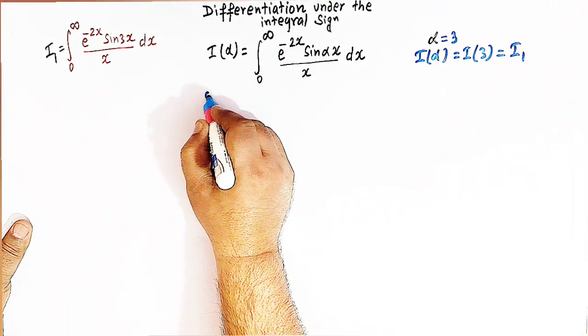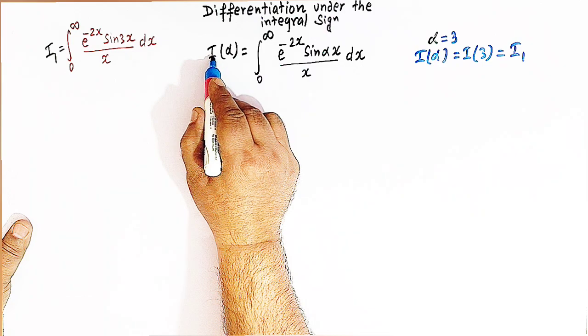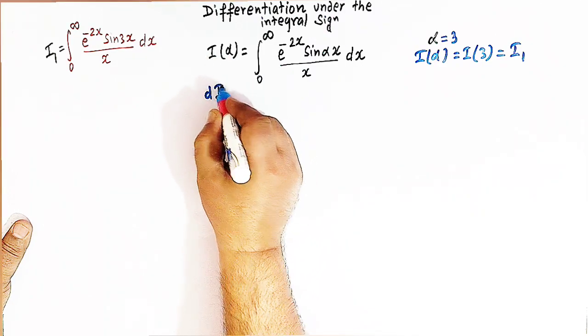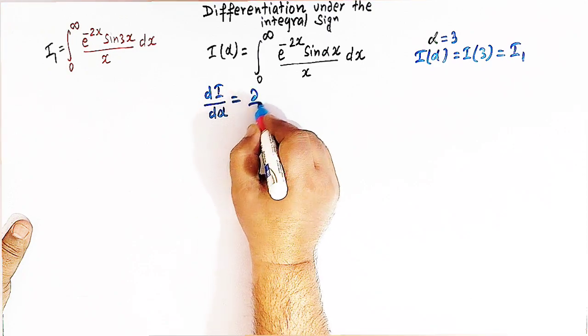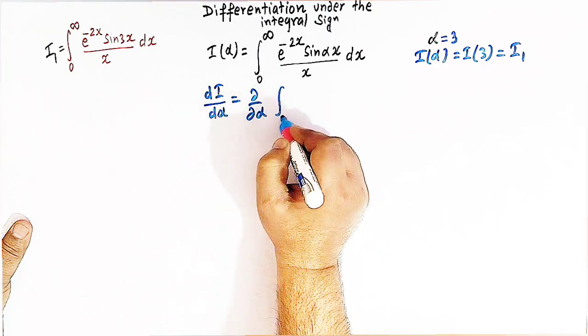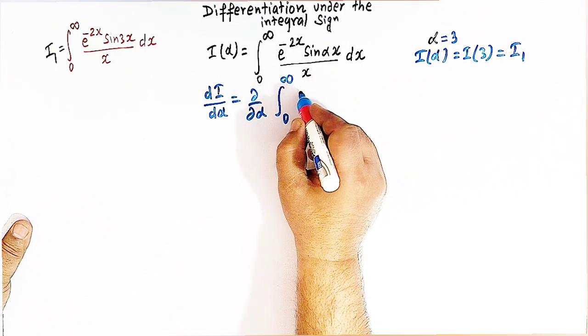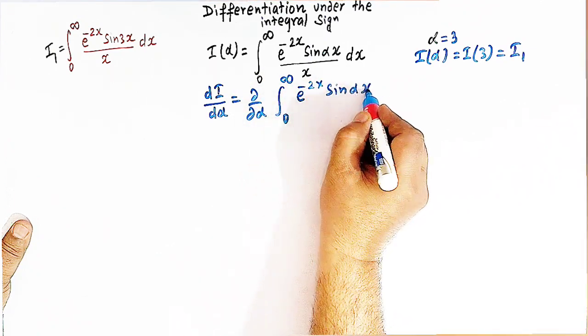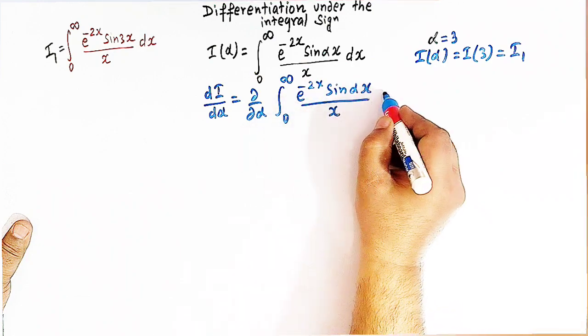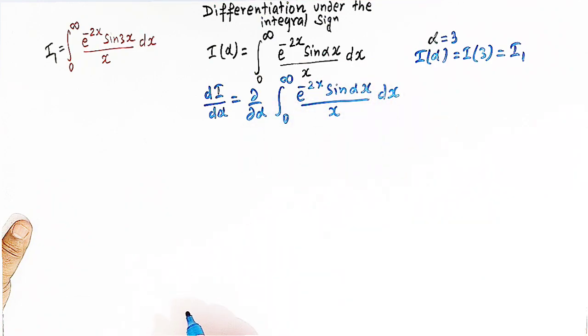So let us partially differentiate this integral with respect to alpha, because here we have x also, right? So what we will do, we'll take the derivative of I with respect to alpha. So we have dI over d alpha is equal to del over del alpha of the integral from 0 to infinity e raised to minus 2x sine alpha x divided by x, and here we have dx, right?